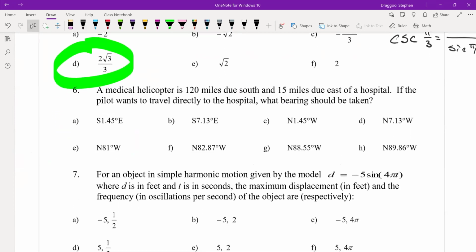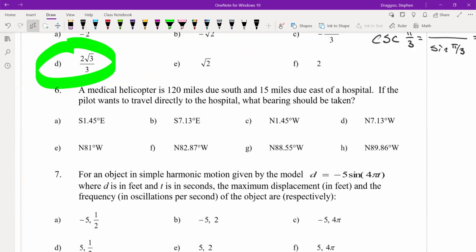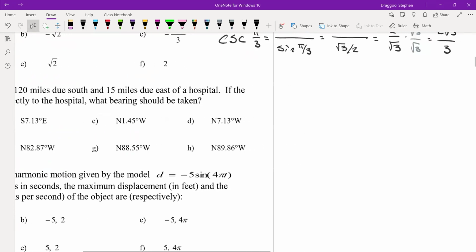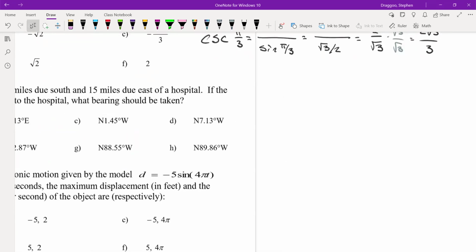All right, then a word problem. We've got a medical helicopter. It's 120 miles due south and 15 miles due east of a hospital. If the pilot wants to travel directly to the hospital, what bearing should be taken? Let's draw a diagram.